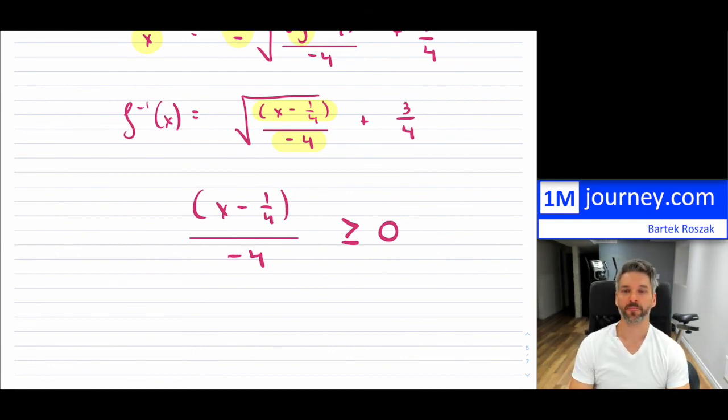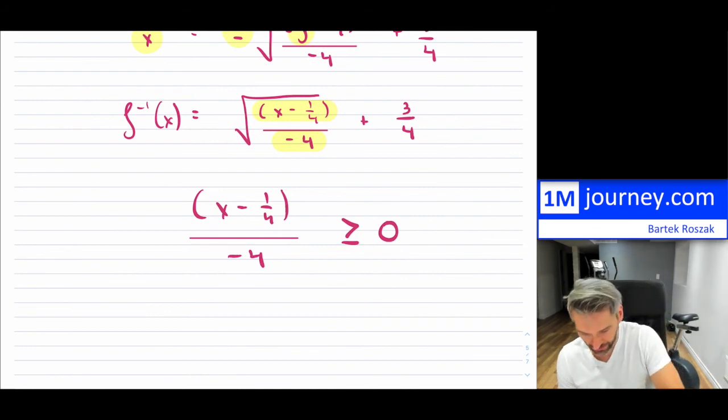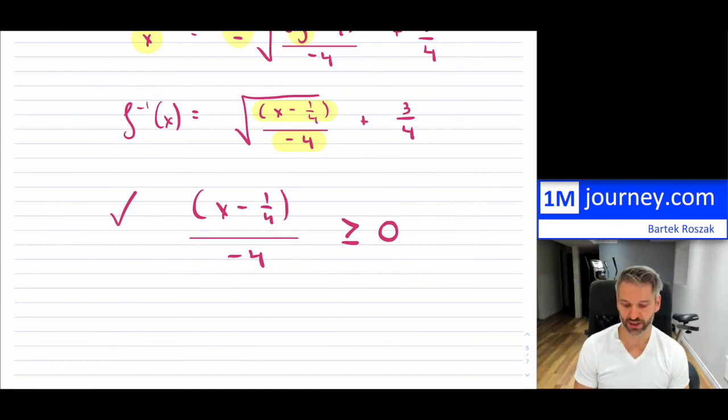You would have to do that in order to see what we would have within here. And then once you have that, that's going to be a restriction. And then again, you pick either the positive or negative.